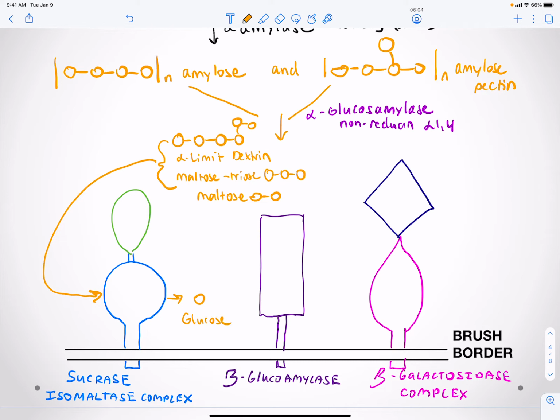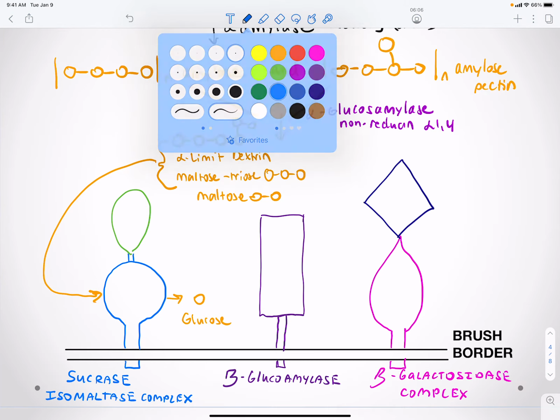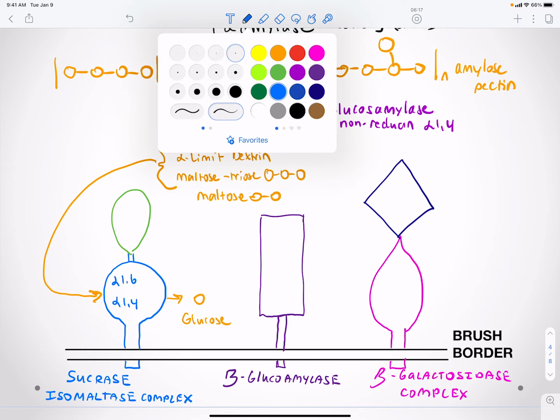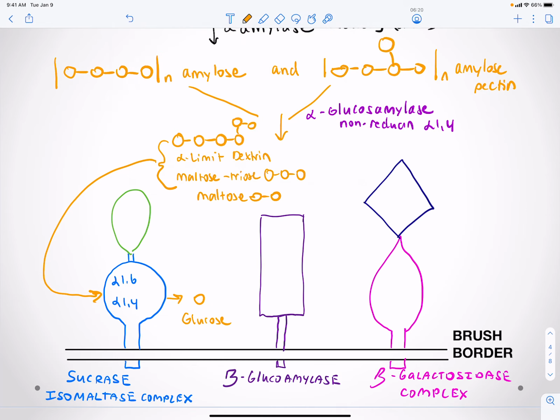And remember, the sucrase isomaltase complex, the isomaltase portion, can do the alpha 1,6 and it can do alpha 1,4. Maltotriose and maltose can also go through the glucoamylase. And again, you're going to come out and you're going to have glucose.